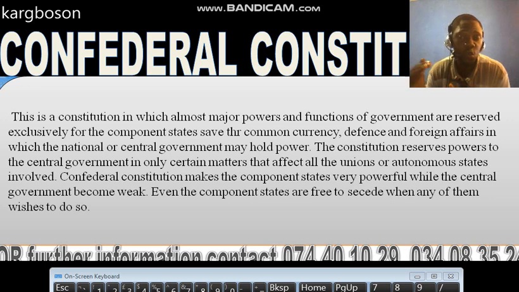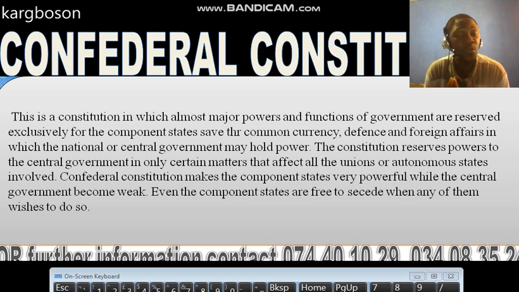Then of course we also talked about the unitary constitutions. What is the difference between the unitary constitution and the federal constitution? In the unitary constitution, you discover that governmental powers are concentrated in a single authority. In other words, the central government does not share powers with any regional or subordinate bodies.